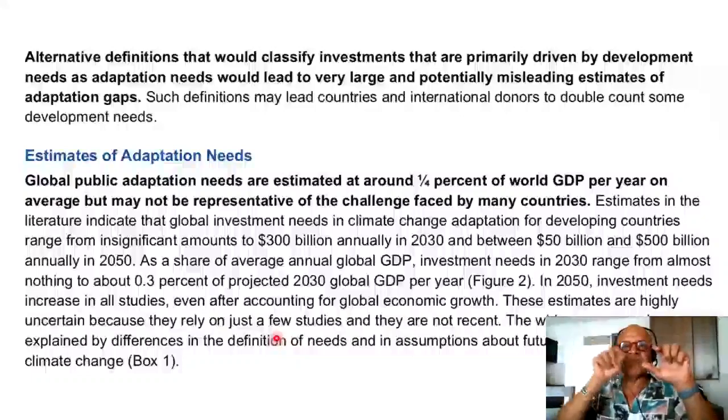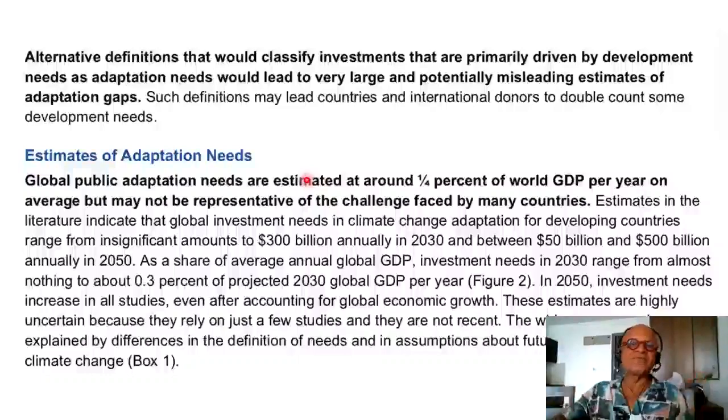So development funds that you receive may count development needs and then adaptation needs, and basically double count the aid that is being given, and this can essentially create macro fiscal issues again for the definition of investment needs for adaptation.